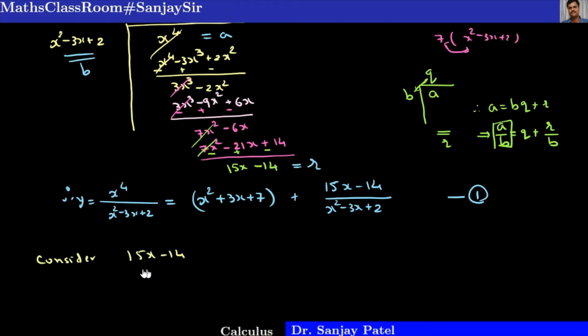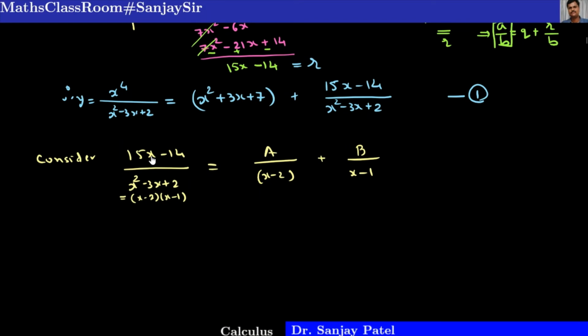15x minus 14 upon x square minus 3x plus 2 is equal to, this you can factorize as x minus 2 into x minus 1. So I can write it as a upon x minus 2 plus b upon x minus 1. I am writing directly here.